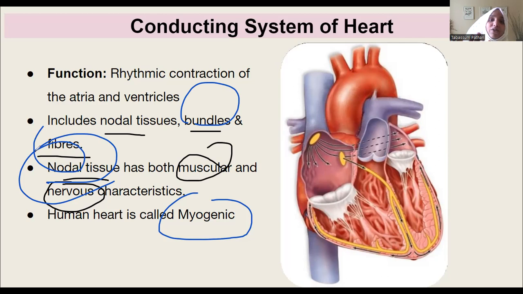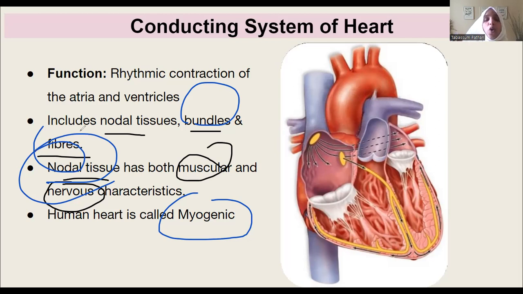Though the heart is myogenic, it is not completely independent of the nervous system. There is nervous system control of the heartbeat also, but indirect. That is under the autonomic nervous system, which we will study in the next chapter. You have the parasympathetic and sympathetic. In the sympathetic nervous system response, the heartbeat increases, in case of fright, and in the parasympathetic the heartbeat decreases.